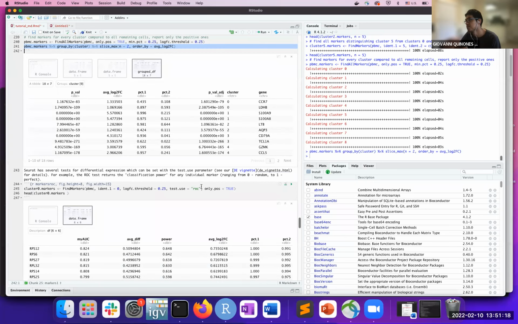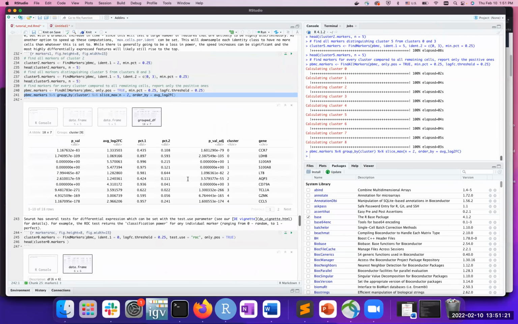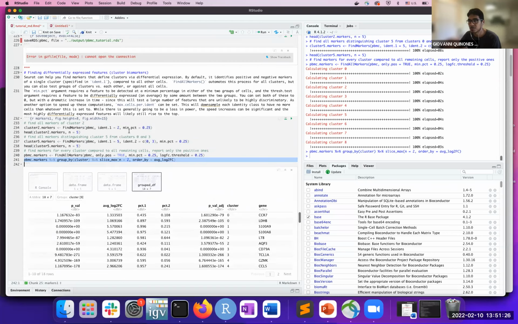Giovanni, could you please explain more what the PCT1 and the PCT2 mean? Yeah. So when you calculate differential gene expression, you want to make sure that we have values for this gene in the 2 groups that you're comparing, right? Like we saw before, if this gene has an expression value of 0, it's not necessarily a biological 0. It could be missing data.